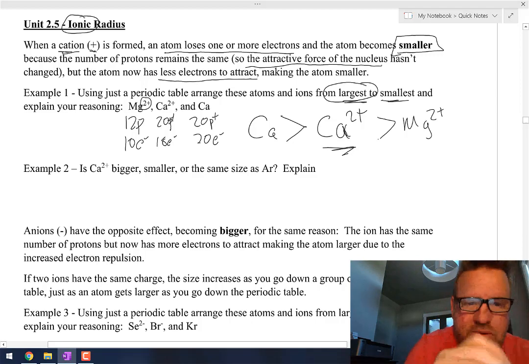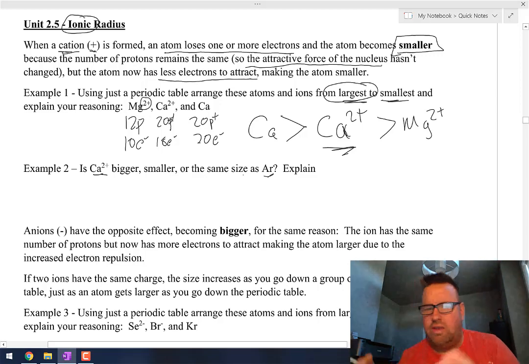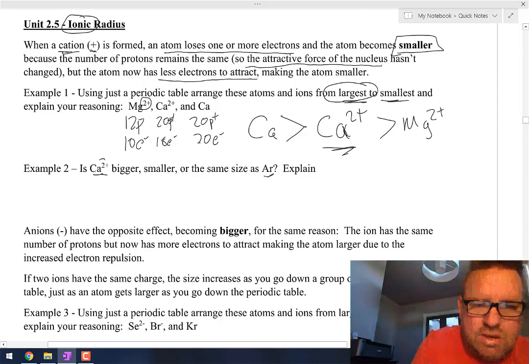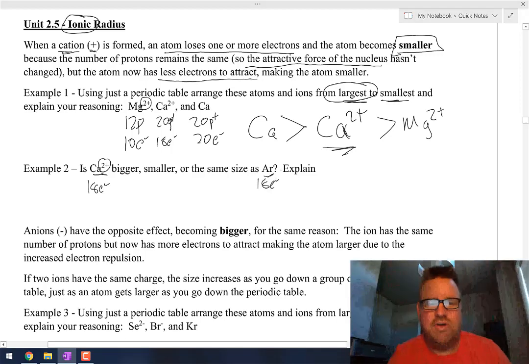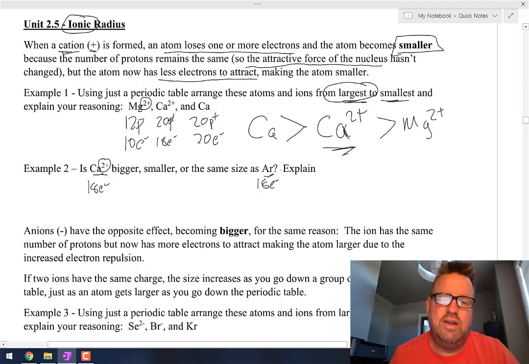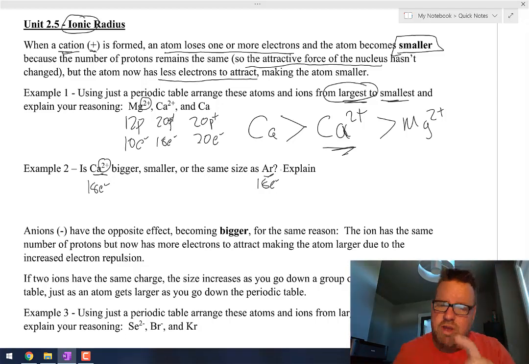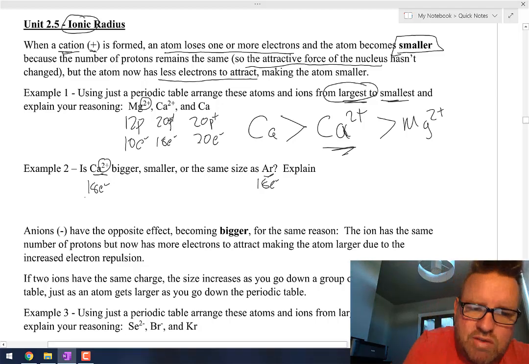Example number 2: is calcium 2+ bigger, smaller, or the same size as argon? You look at the periodic table and go, well, calcium with a +2 has 18 electrons. Oh, and so does argon. Argon also has 18 electrons. Oh, so they're the same size. No, because remember, you look at electrons and go, they're the same, but then you also have to look at protons.